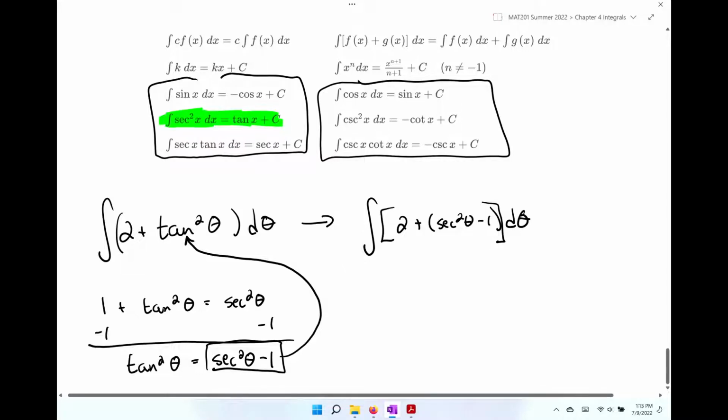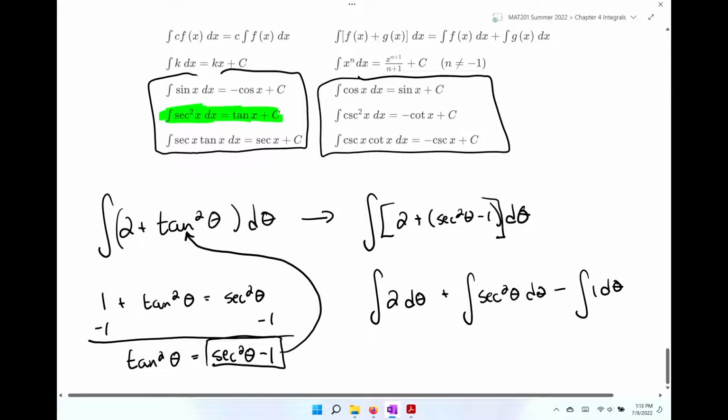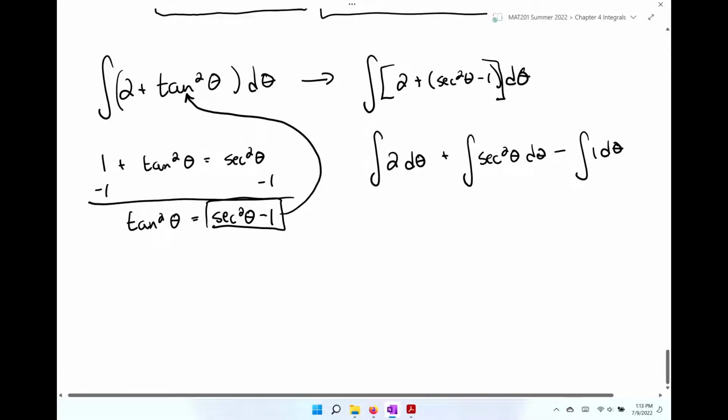Now, going from left to right, we'll just distribute our integral sign. There we go. And directly underneath, we're going to go ahead and just write the answer.